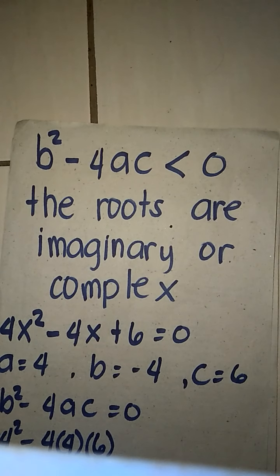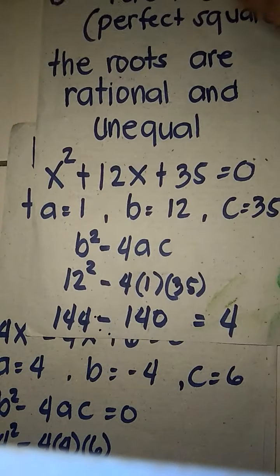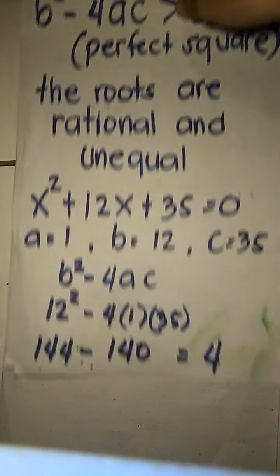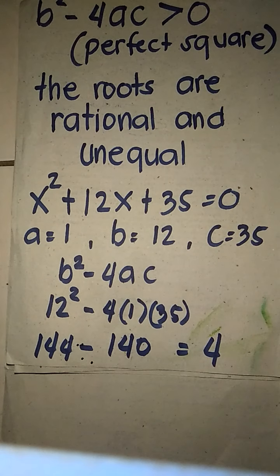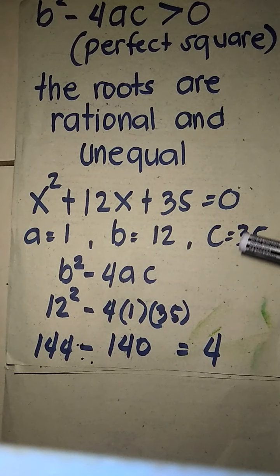So I have here more examples. Okay, we have x squared plus 12x plus 35 equals 0. So, how do we find the discriminant?